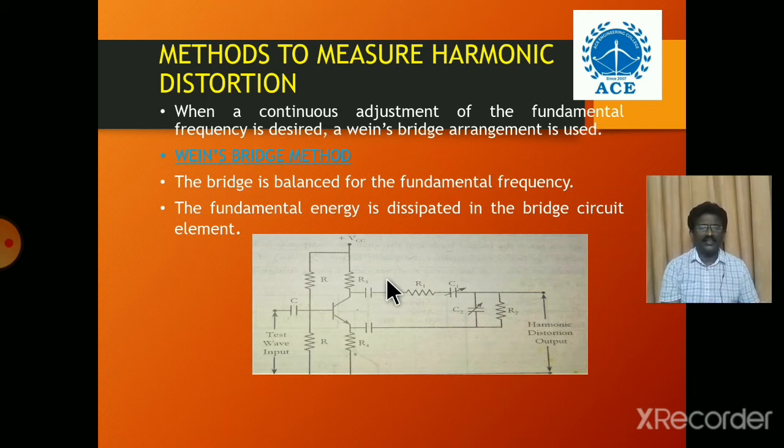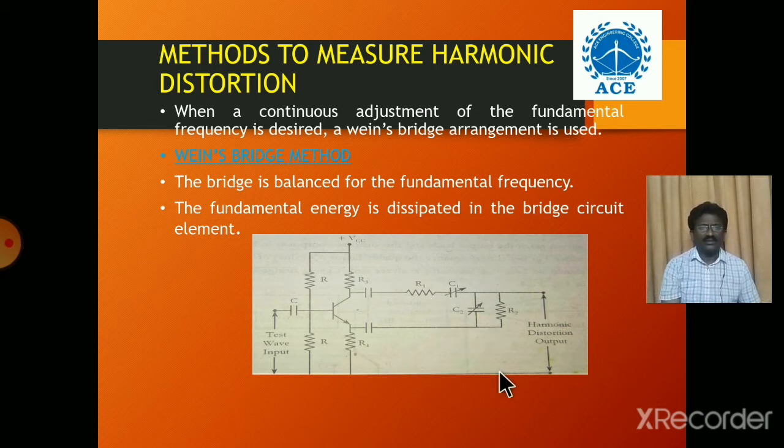The fundamental energy is dissipated in the bridge circuit. Here also there are components in the form of R, L, C, which means it is a passive device. With the help of this circuit, you can balance the fundamental frequency.